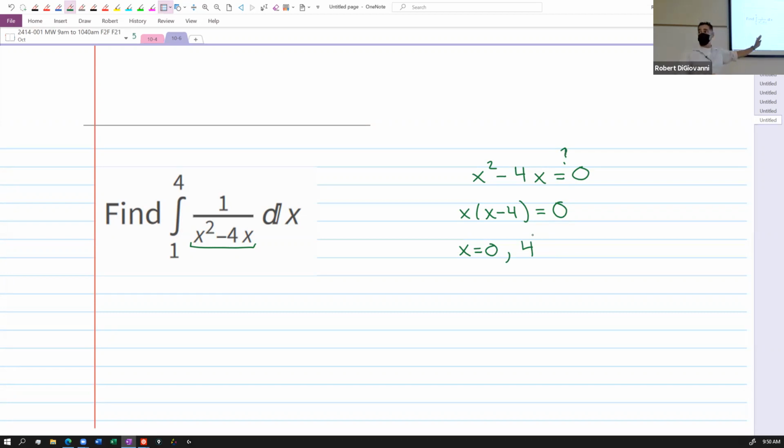So I've got to be real careful that my integral does not go through there, but it does, right? If I look at where I'm integrating from, I'm supposed to go from 1 to 4? So I actually have a problem at this second endpoint. I don't have a problem anywhere between 1 and 4. It's only at 4 that I have the issue.